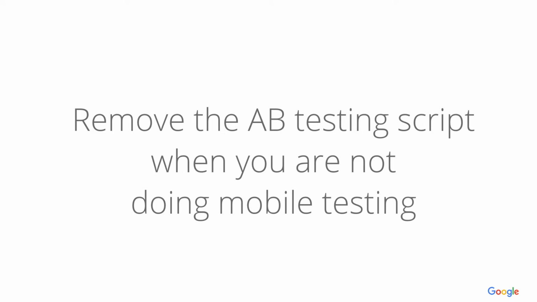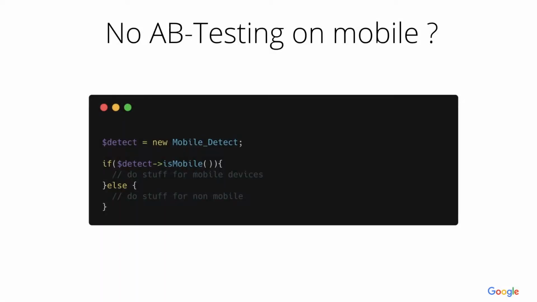Another catch that I see often is an A/B testing script loaded all the time, everywhere on sites. And first, it's important for you to understand why an A/B testing script can be problematic.